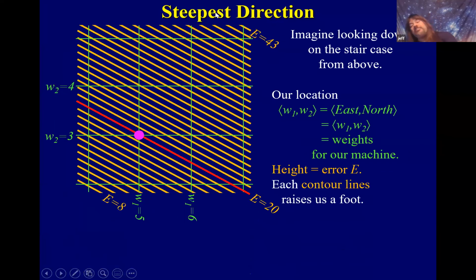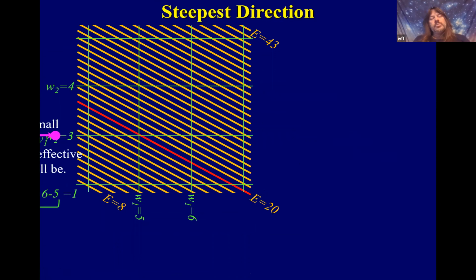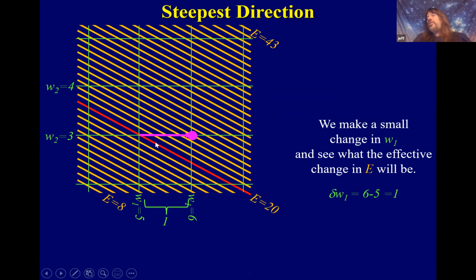All right, so let's make our stairs look a little bit more abstract. These are our contour lines. If you travel past a contour line, then it raises us up by a foot, right? As I remember our algorithm, we took weight 1 and changed it by 1.